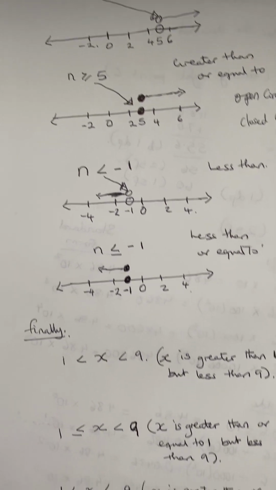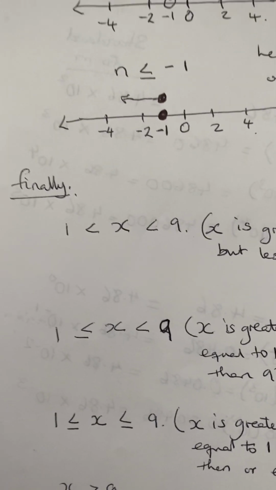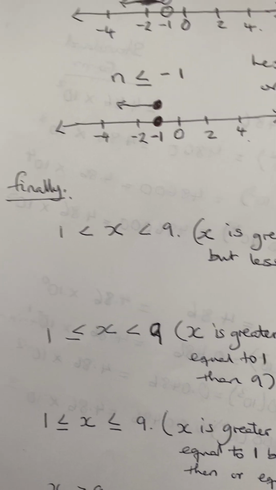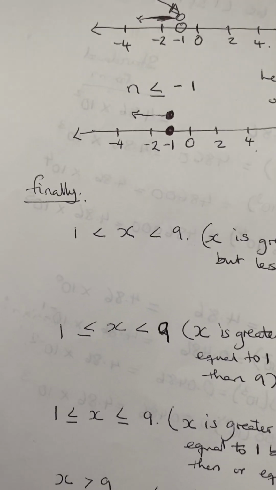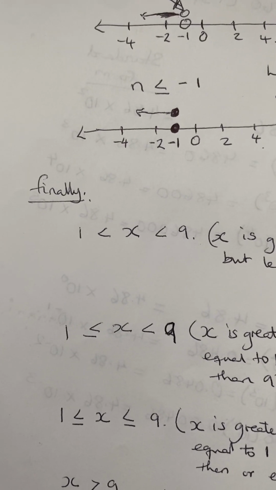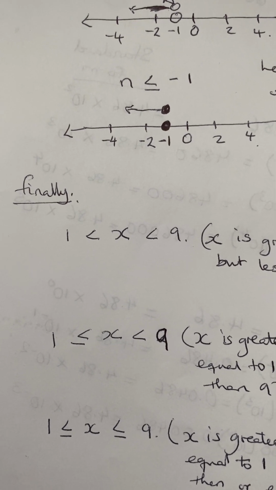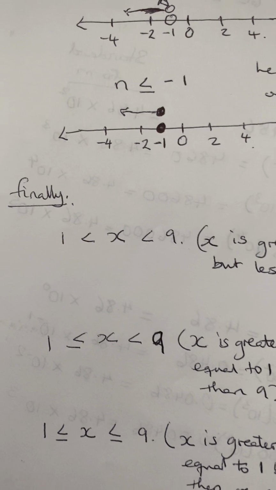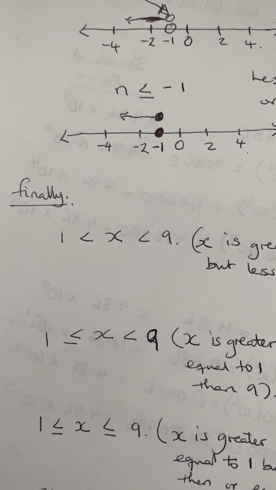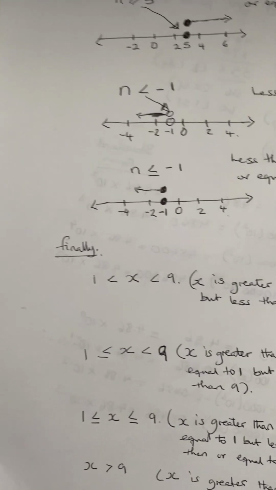Okay, now let's finally look at some of these and how we read them: the greater than, less than, greater than or equal to, and less than or equal to signs.